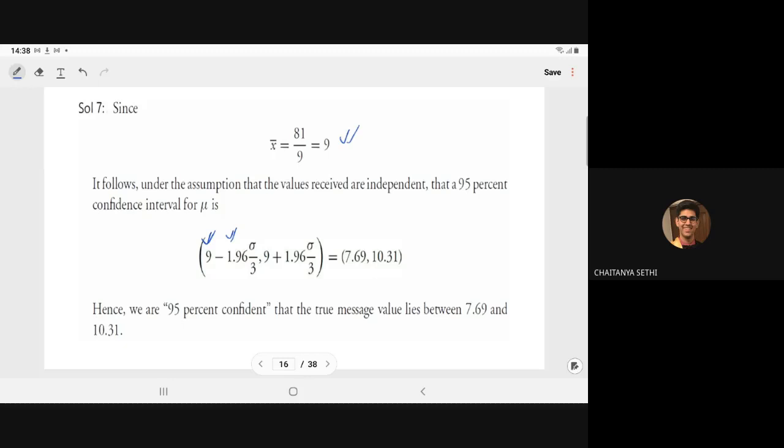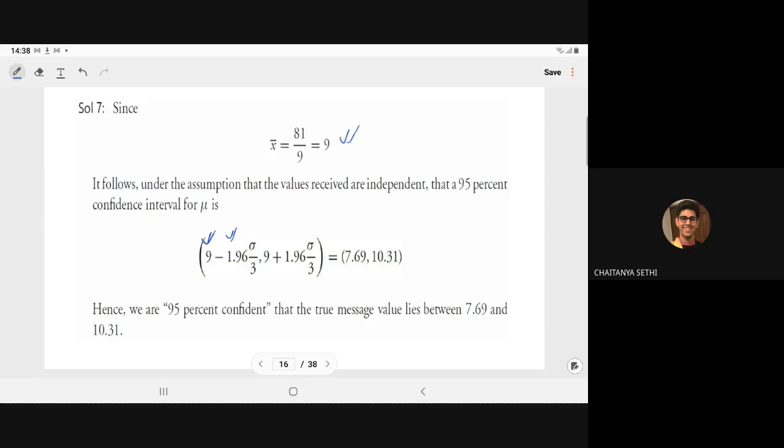Hence, we are 95% confident that the true message value lies within 7.69 and 10.31. It means mu, whatever we are transmitting, will lie in this interval.